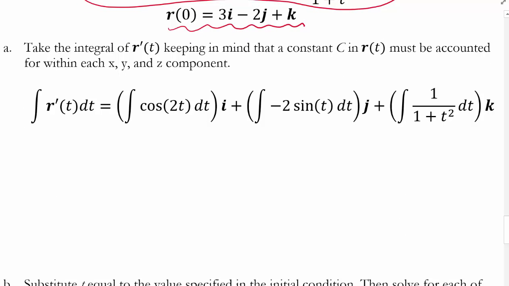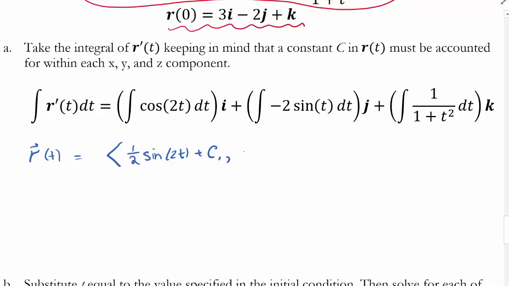And what I did was just select a couple other types of functions you need to know how to take the antiderivative of. So if r prime is given and I want to find r of t, I just need to evaluate each of these integrals. The antiderivative of cos 2t dt is going to be 1/2 sine 2t plus c1.